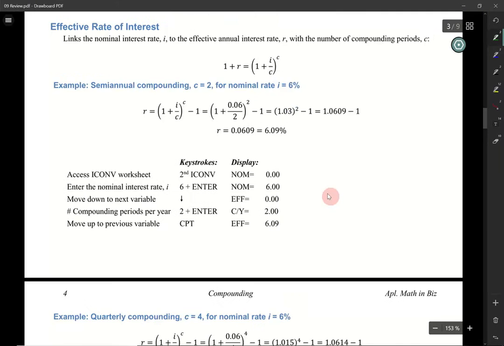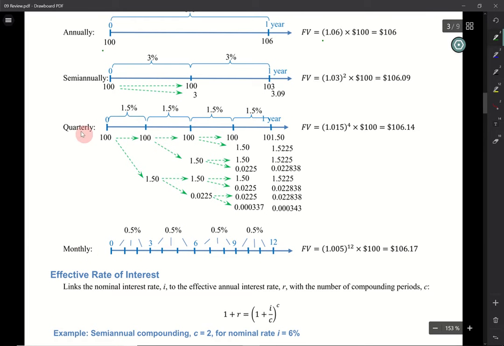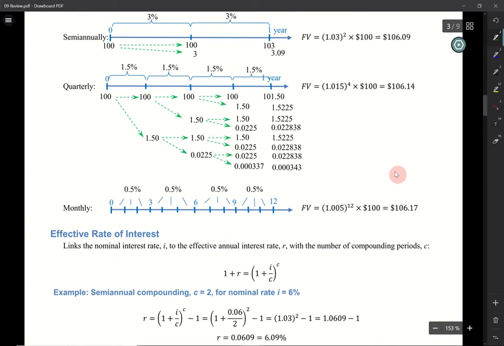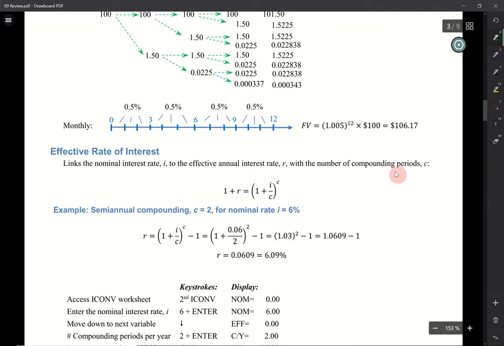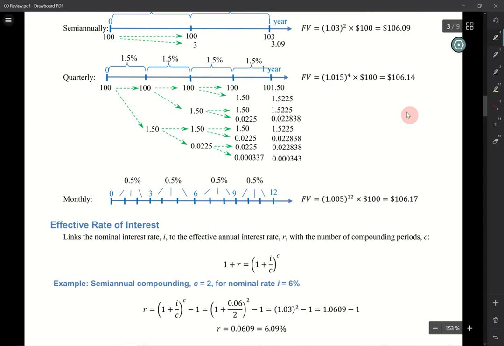So, depending on the amount of compounding, semi-annual, quarterly, or monthly, if I leave the funds untouched for 1 year, what do I get? Instead of telling me it's 6% compounded monthly, how much interest will I have at the end of 1 year? That makes it a little bit easier to compare.